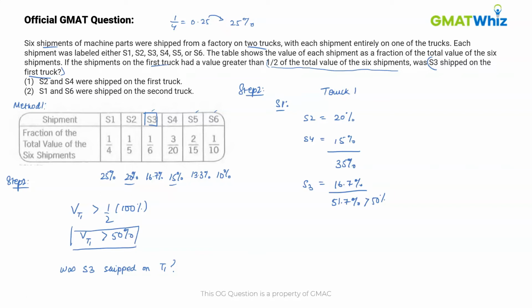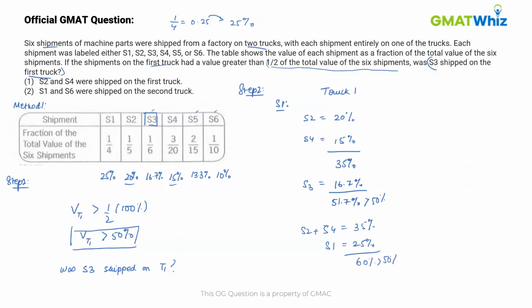So there is also a possibility that S1 could be shipped on truck 1. Now if S1 was shipped on truck 1, the total of S2 plus S4, which was equal to 35%, and S1, which is 25%, would also give us 60%, which is greater than 50.